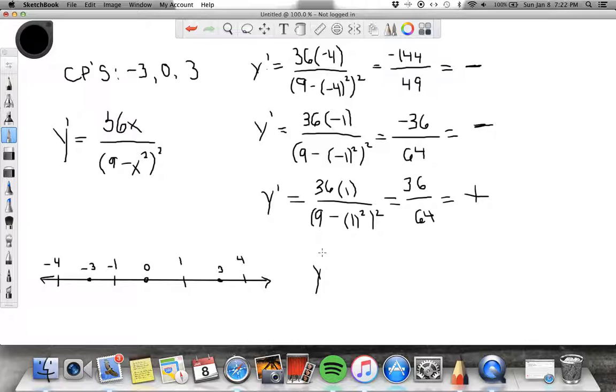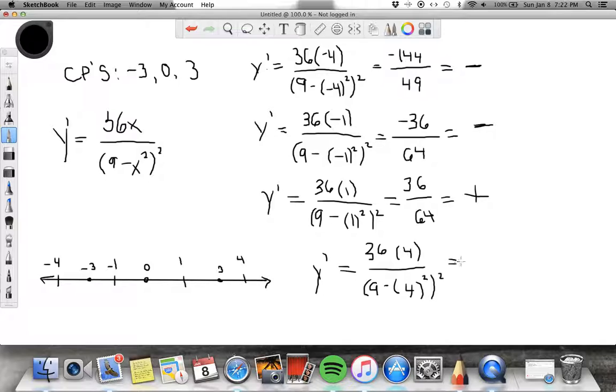And lastly, we are going to substitute in the 4. Y prime equals 36 times 4 over 9 minus, make that minus sign a little bit bigger, 9 minus 4 squared, the quantity squared.